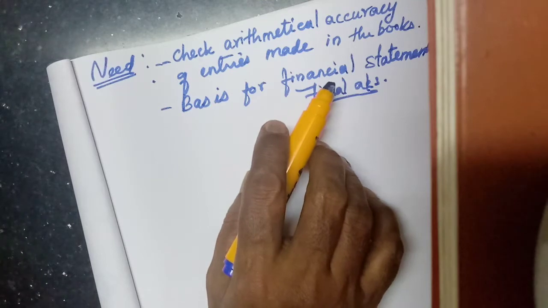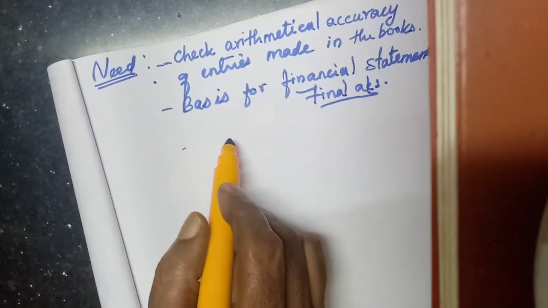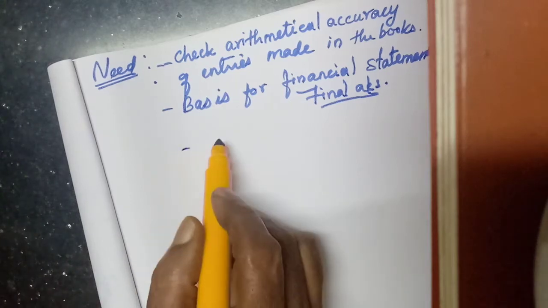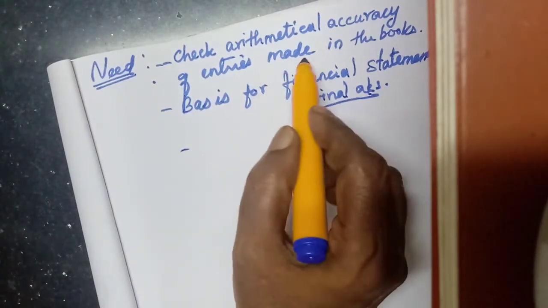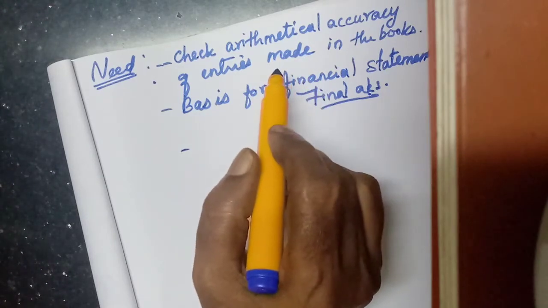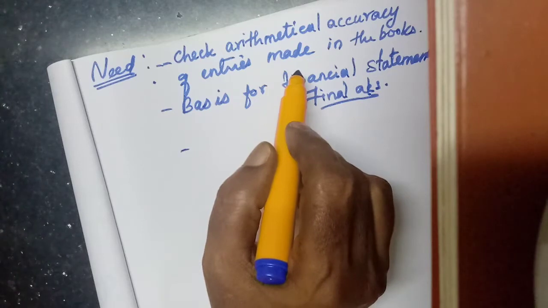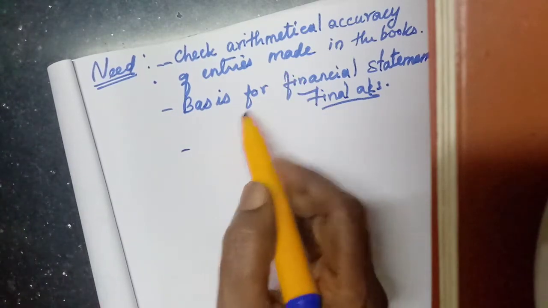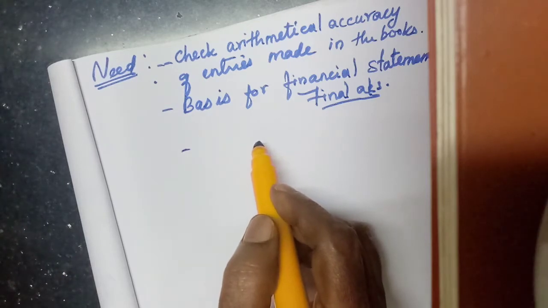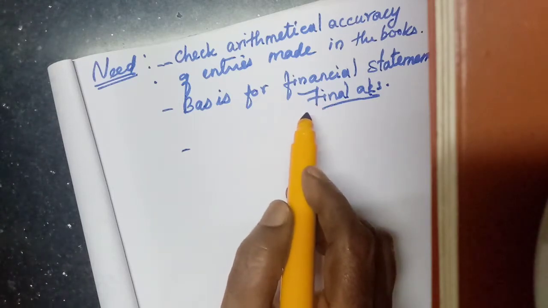And if we do not prepare this, if without checking, the total of the debit and credit columns is not tallying, and we have made a mistake, and with the same mistake we make the financial statements, everything will go wrong, isn't it?